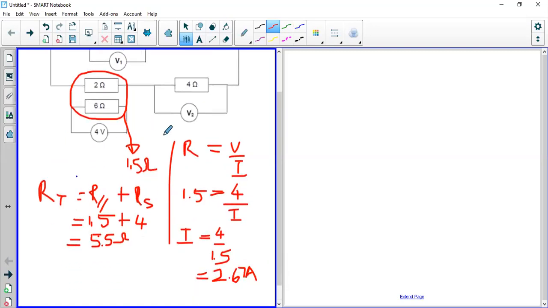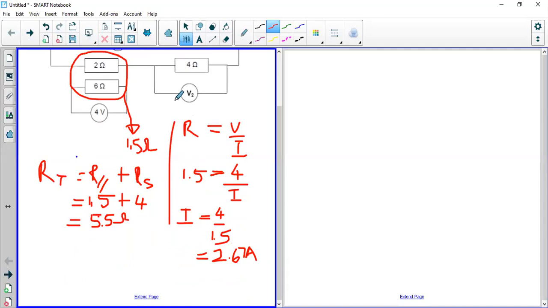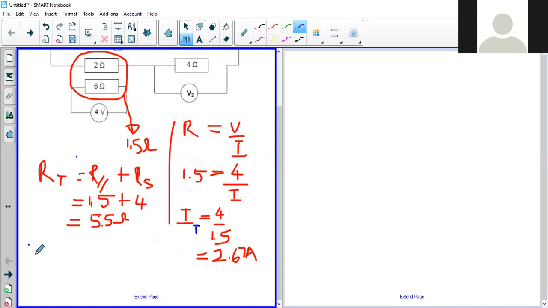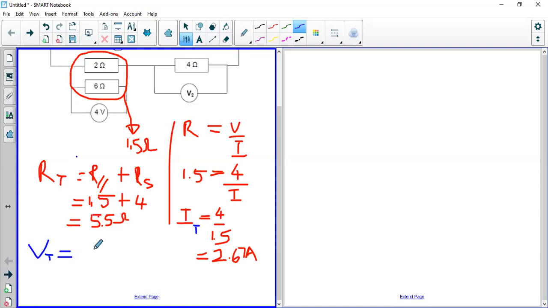Now I've got total current. So this I that I have here is total current. I've got total current, I've got R total, therefore I can get V total. So I'm going to say V total is equal to the formula for voltage. I'm using Ohm's law.